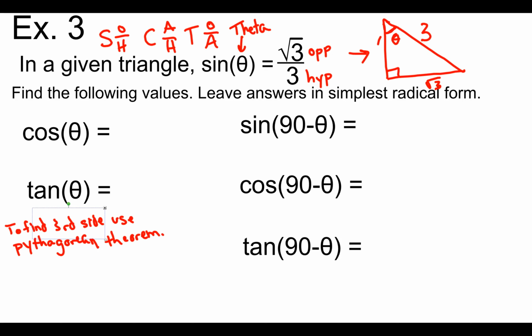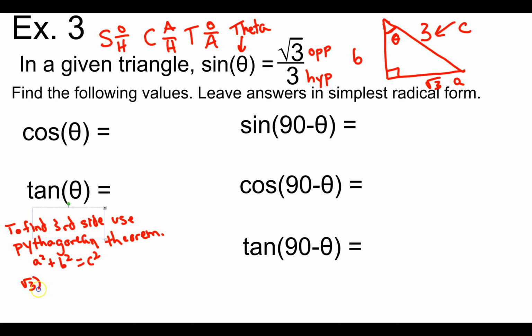Now to solve this out, what we need to do is figure out what's A, what's B, what's C, because, you know, Pythagorean theorem, A squared plus B squared equals C squared. So remember, hypotenuse is always C, and then A and B are perfectly interchangeable, so it doesn't matter which one's which. So we'll call that A, call that B. So let's substitute in our values here. A we know to be the square root of 3.